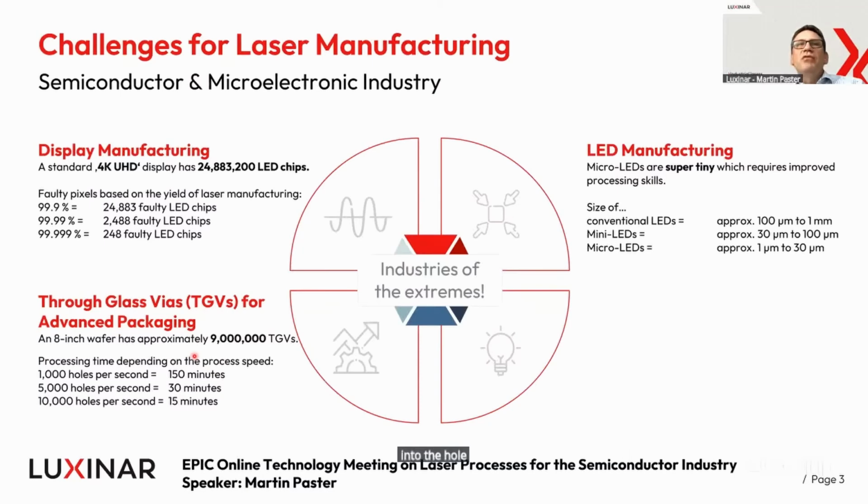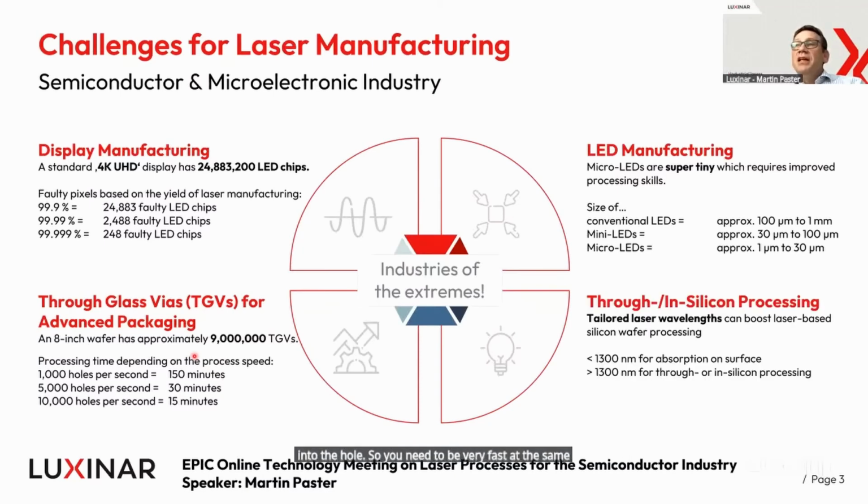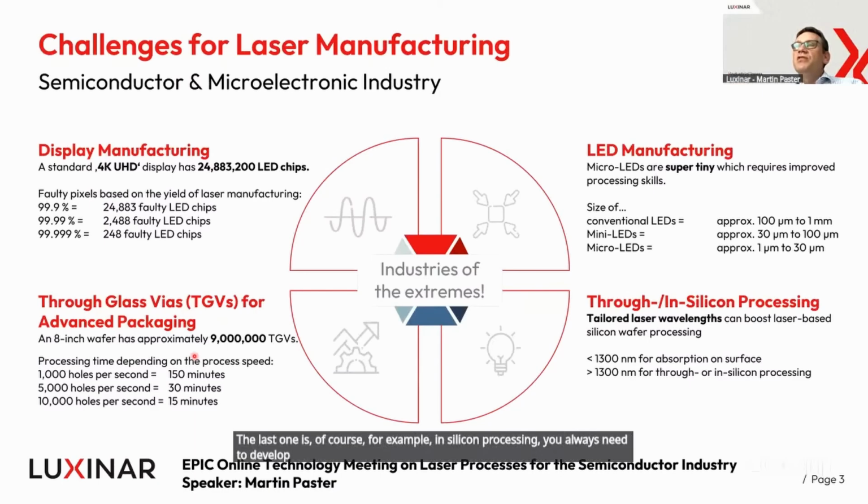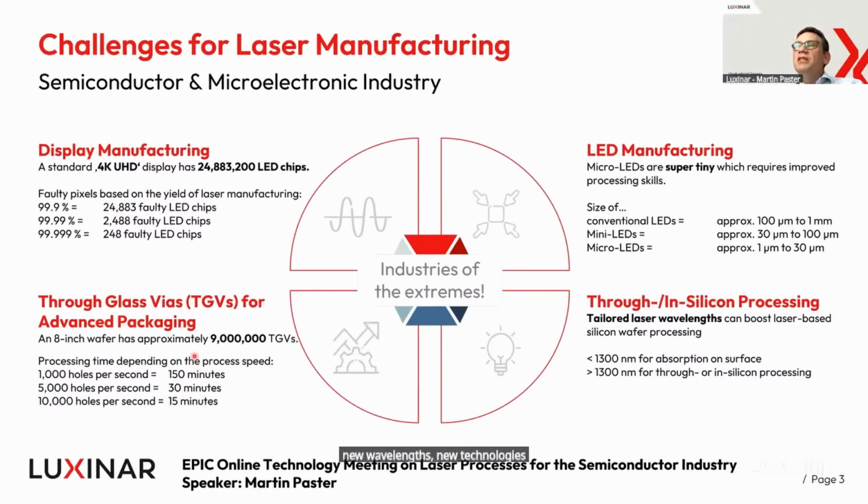So you need to be very fast at the same time. And the third or the last one is, of course, for example, in silicon processing, you always need to develop new wavelengths, new technologies, new ideas to make the next breakthrough technology.